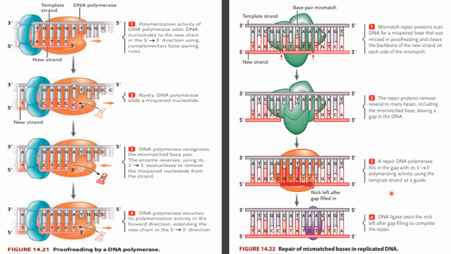A repair DNA polymerase fills in the gap with its 5' to 3' polymerizing activity using the template strand as a guide. Then DNA ligase seals the nick left after the gap filling to complete the repair. So this was your proofreading and repair of mismatched base by the DNA polymerase.